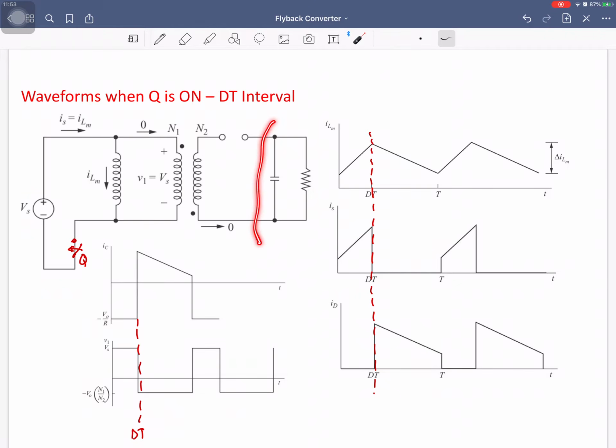But that is not applied to this part because your diode is in the off state. So whatever was the voltage across your capacitor in the previous cycle, that will be there across your load. So your capacitor will be providing power to your load. So the current through the capacitor will be delivered to your load. Right? So that current will simply be the voltage across this resistance. Let's suppose that is V naught divided by this resistance R in terms of magnitude. So that you can see over here. So this is the capacitor current in the first switching interval, that is dt.